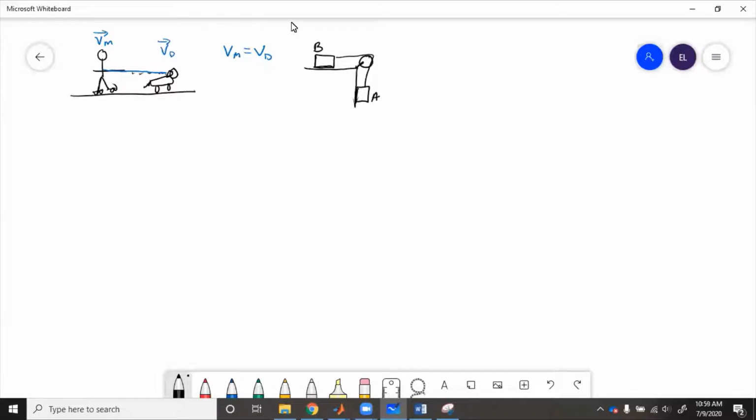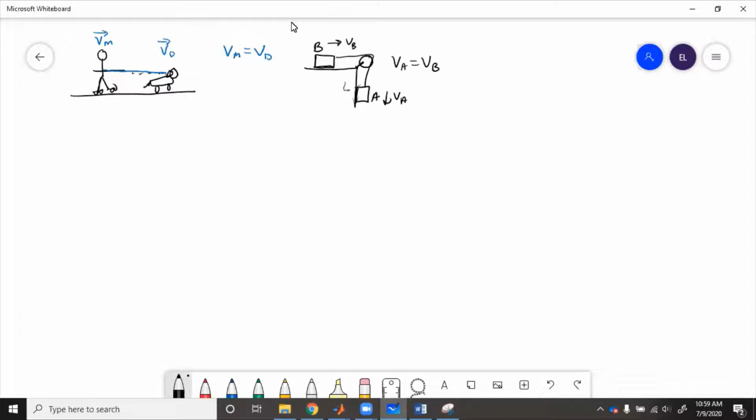Well, B is moving at speed of VB, A is moving at speed of VA. They're connected by the same rope. We know that VA equals VB, because however much B moves, A is going to move by that same amount.